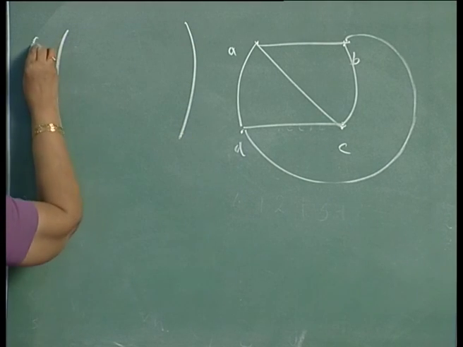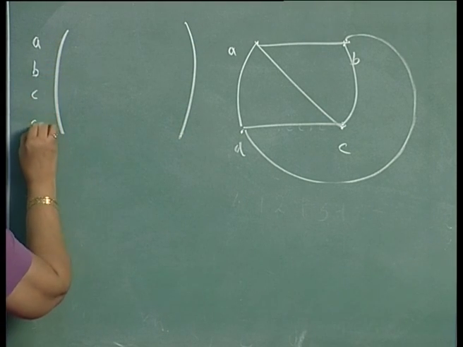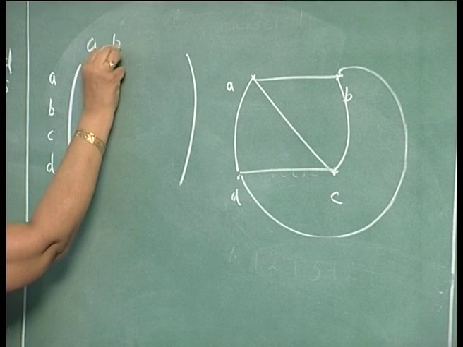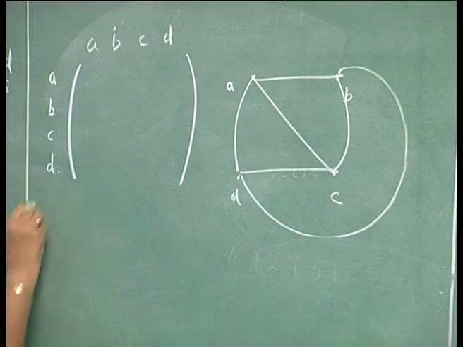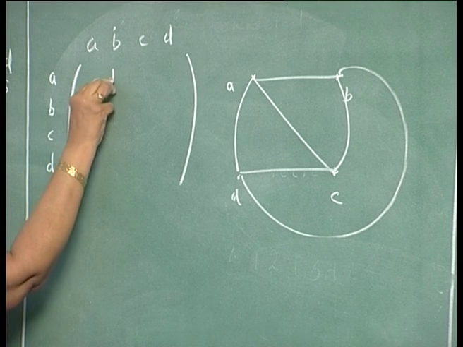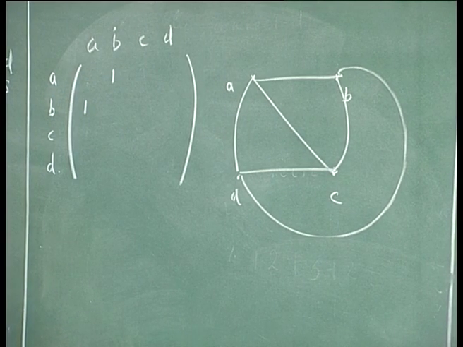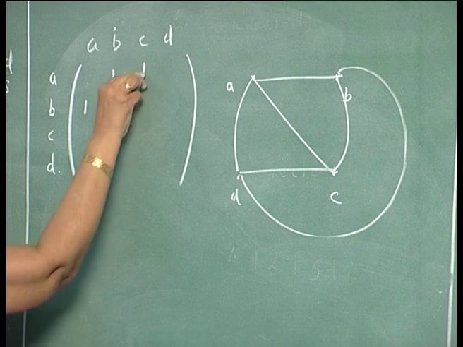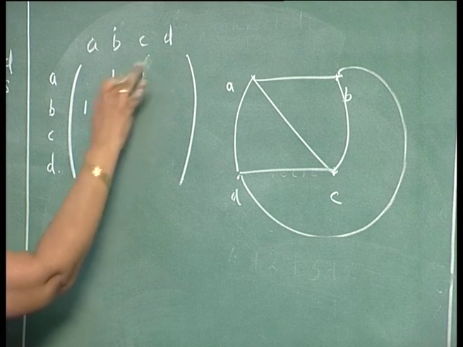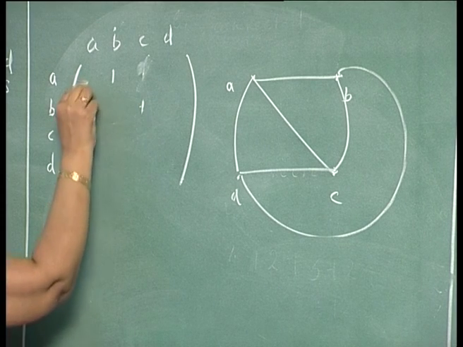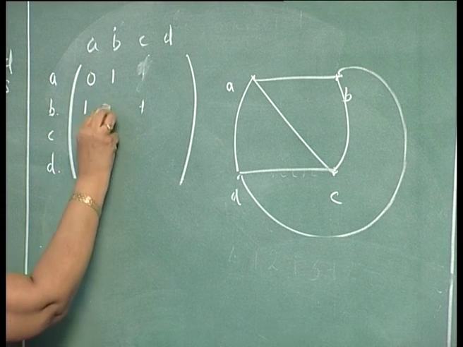Like this, by adjacency matrix. A, B, C, D, A, B, C, D. There is an edge between A and B. You can also look at it as an edge between B and A. There is an edge between B and C. There is no self loop here.